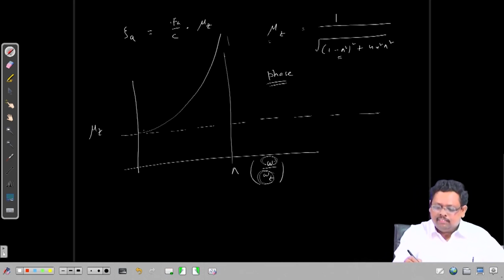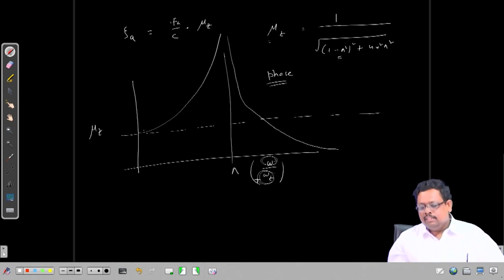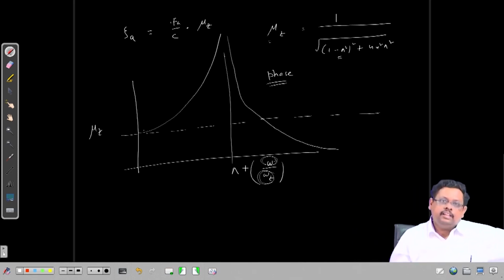And again very quickly it comes down and goes to 0, because when gamma tends to infinity, this goes to 0.